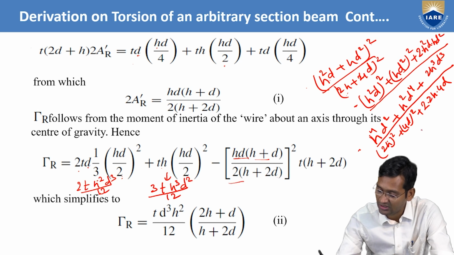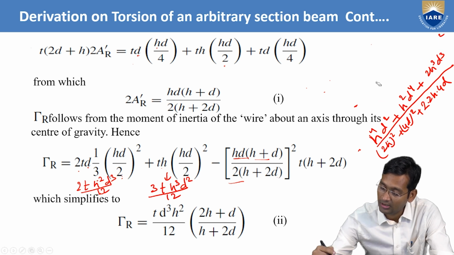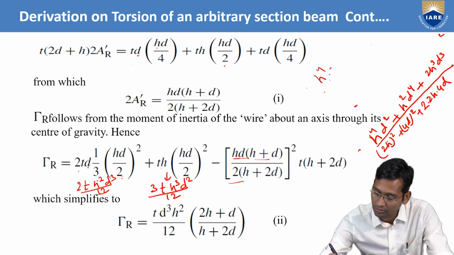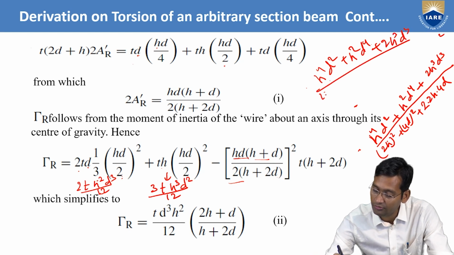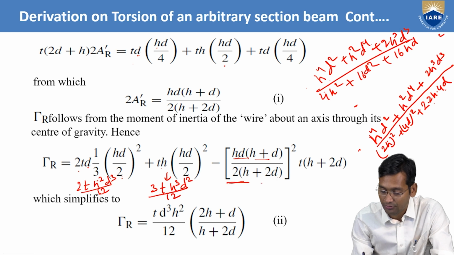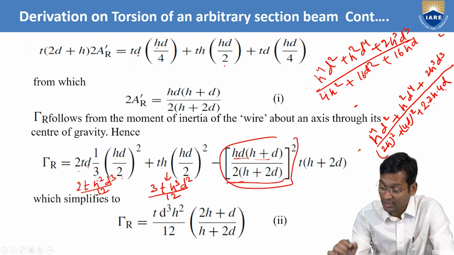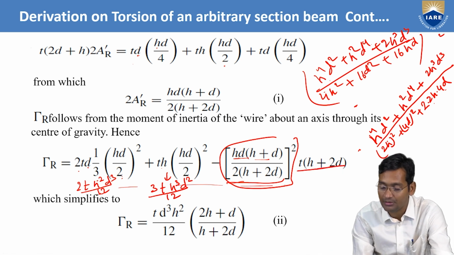So after simplifying this, what we will get is h power 4 d square plus h square d power 4 plus 2h cube d cube by 4h square plus 16d square plus 4 into 4, 16hd. So this part we simplified. Now with this term, you have to multiply again with this term, and then you have to take the LCM and all and simplify.